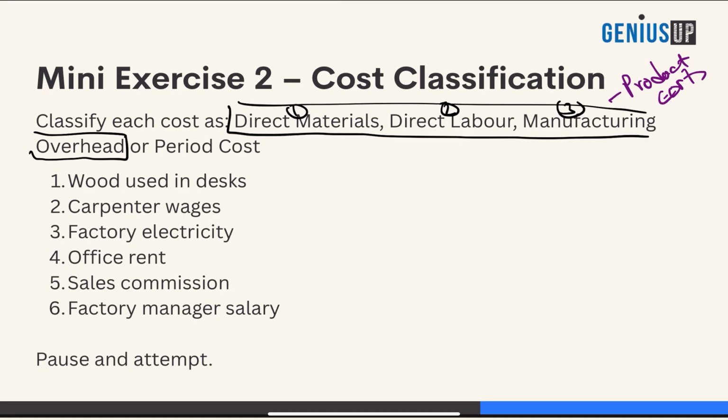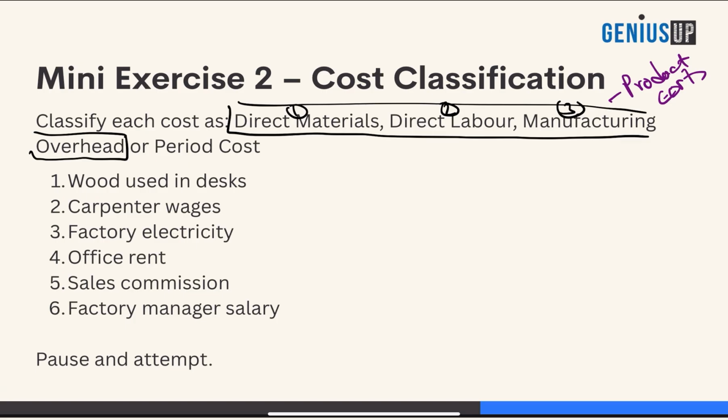And I'm going to say this as well. If you haven't watched the first lesson on introduction to cost, you wouldn't understand this. So I'll really implore you to pause this video and go watch the first lesson on the intro to cost, so that you can understand that direct material, direct labor, and manufacturing overheads make up the product cost, right? Because they are costs incurred directly in the production process.